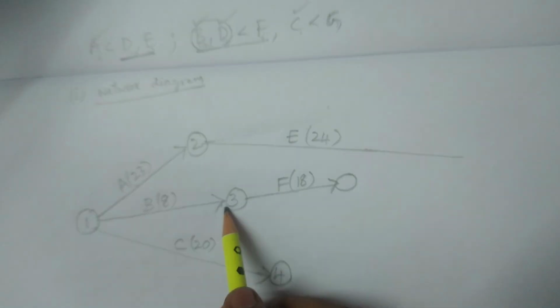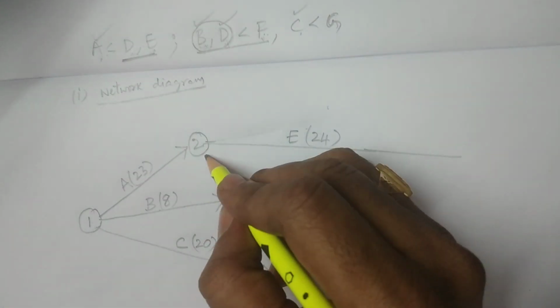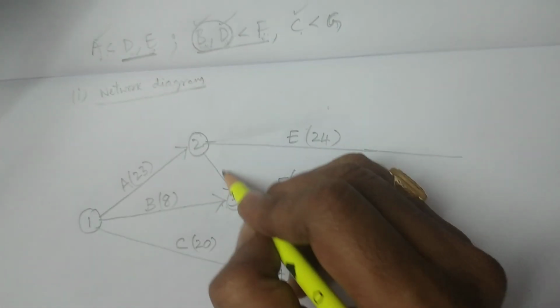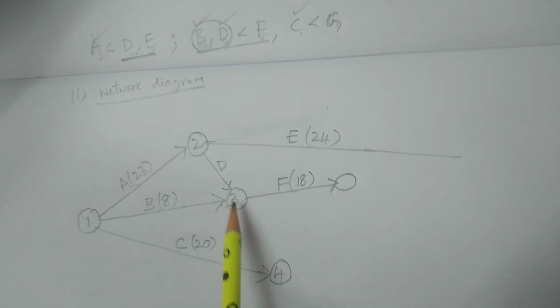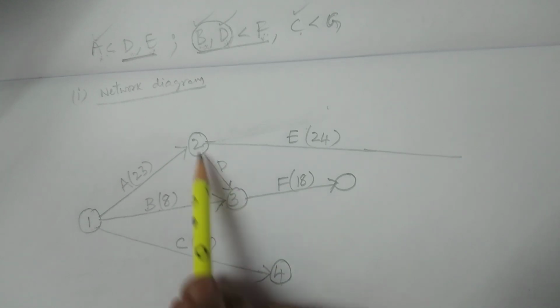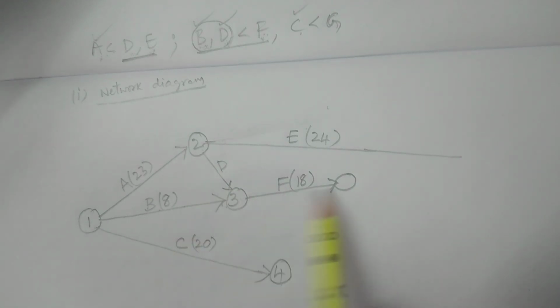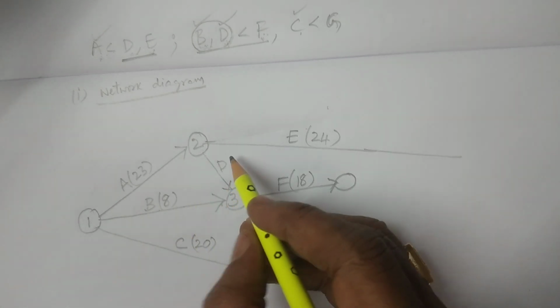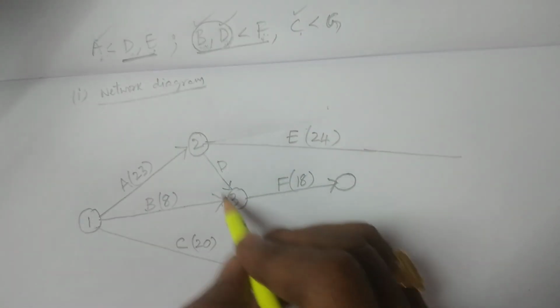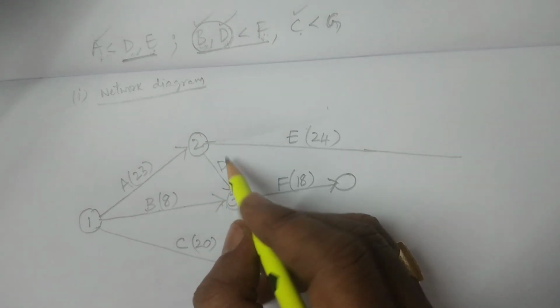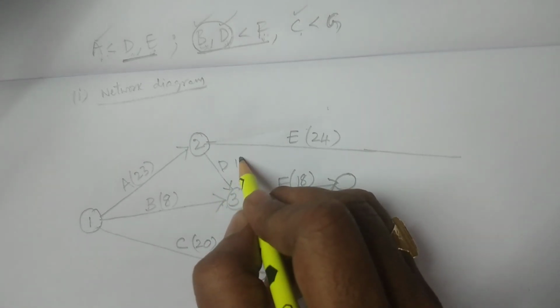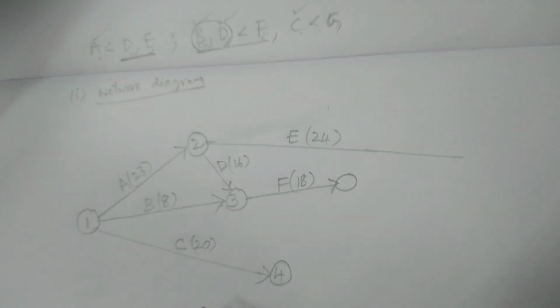B is already finished. If you connect from 2 to 3, let it be the activity D, then obviously B and D are finished before F. Before that, B is finished, D is also finished. If you connect like this, right? So luckily we have connected it. The time duration for activity D is 16 days.